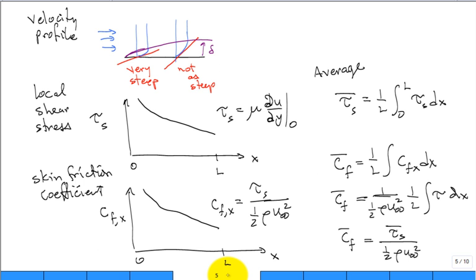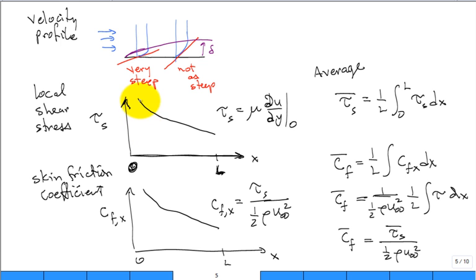Then what we can do is plot the shear stress as a function of location down from the leading edge to the trailing edge of that plate. Because it's a steep velocity gradient early, you're going to have a very high magnitude shear stress early, but it's going to decay or come off lower.